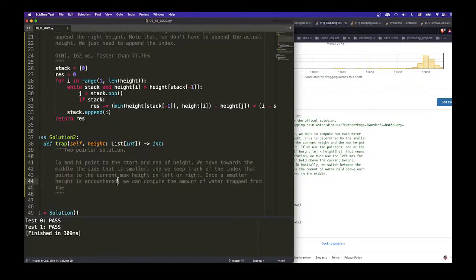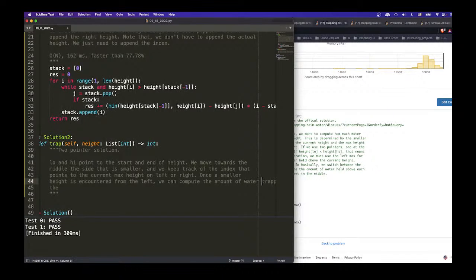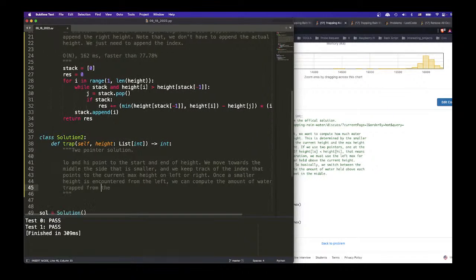I say encountered from the left and compute the amount of water trapped from the top of the left max to current height with the width from the left max to right max.